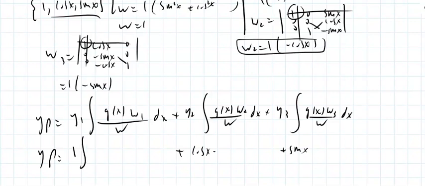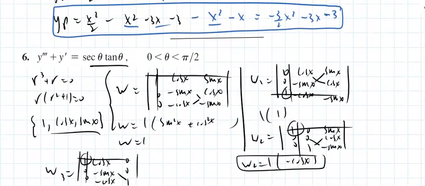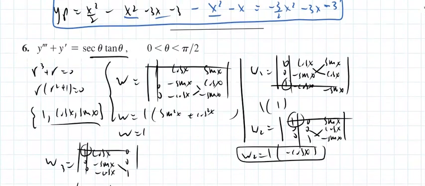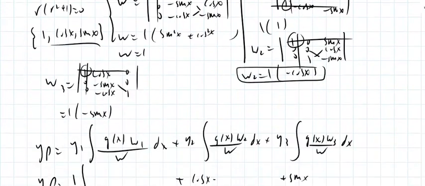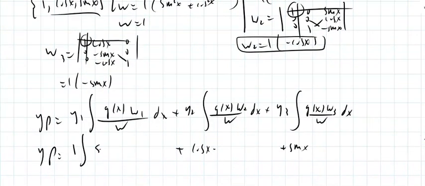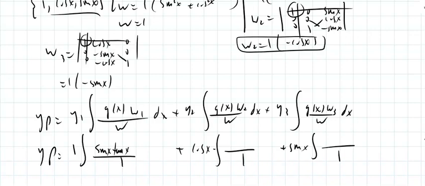G of x is sine of x tan of x. This is a 1. So that's what's common in all of those.